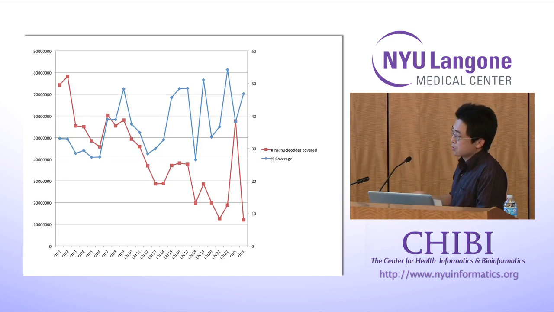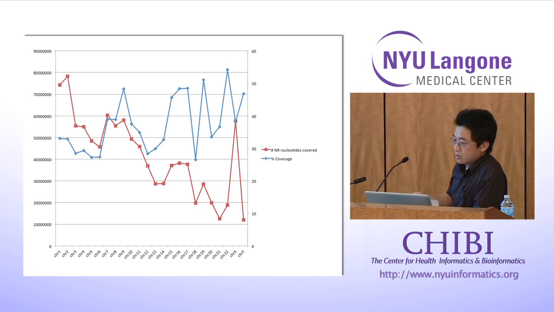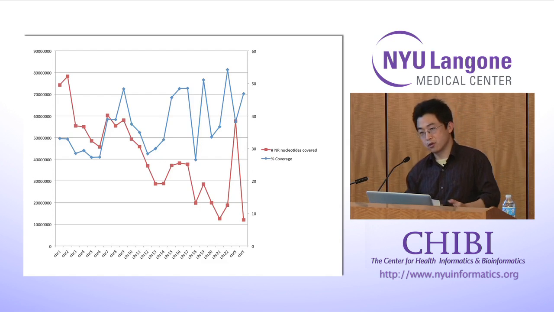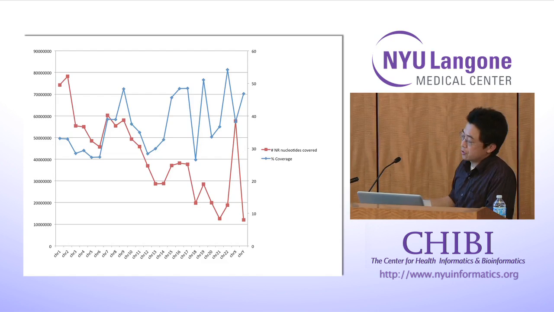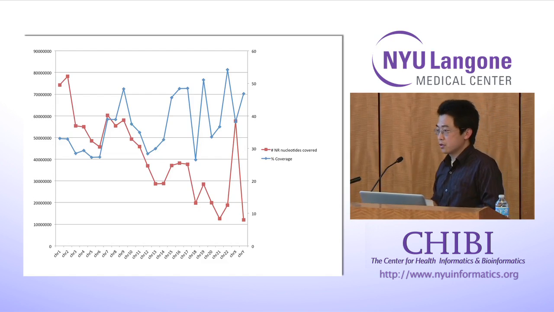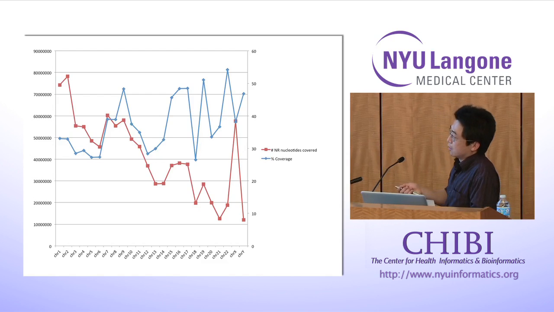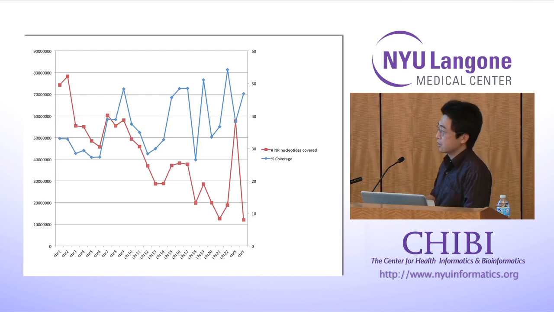It covers almost 30% of the human genome, and covers less than 1 billion base pairs. So in total base pairs, it's actually more than single nucleotide polymorphisms. So this highlights the importance of copy number variations in the disease process or in genetic studies.